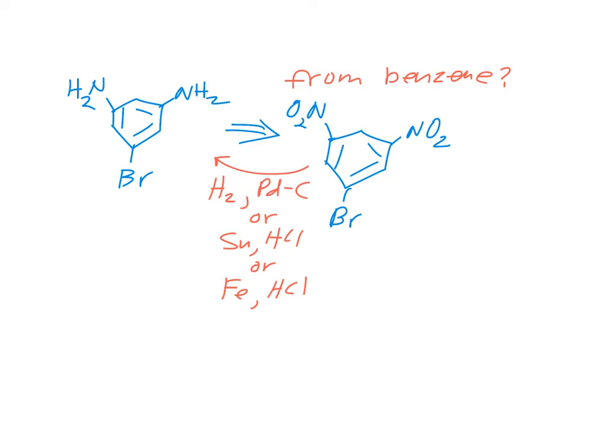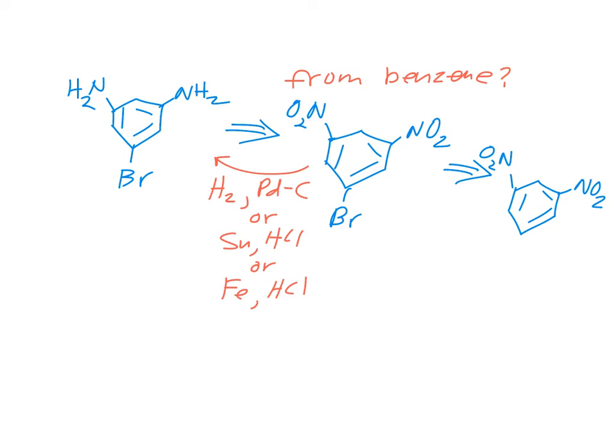All right, so then what would be the next step that you would do before that? Adding the bromine, right? And how can we tell that we're going to get the bromine at the position we want it to be at?